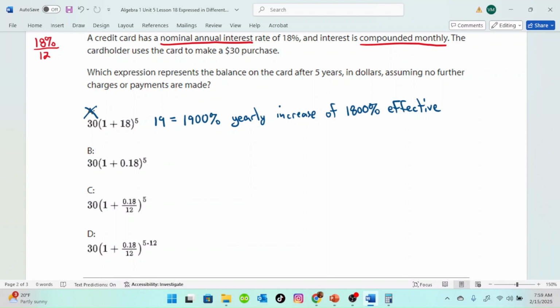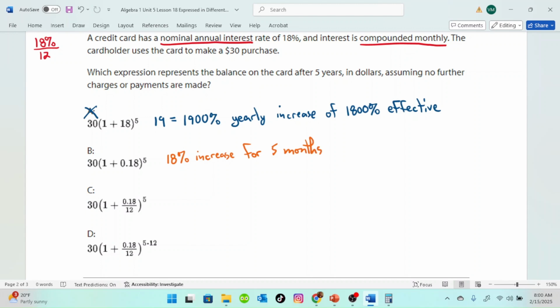Choice B. We have 1 plus 0.18. So this is an increase of 18% annually, but that is 18% effective, or this is 18% increase for 5 months.